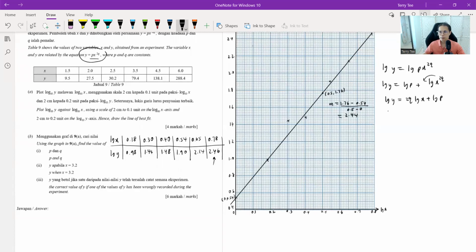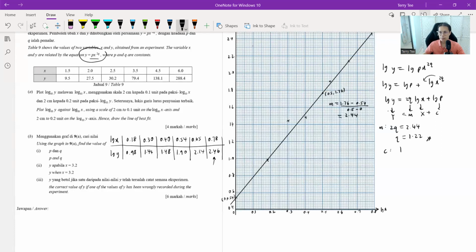So this is my big Y, this is my gradient, this is my X, and my C. I want to compare my gradient 2q with 2.44. Q will be 2.44 divided by 2, which is 1.22. This is when you compare your gradient.